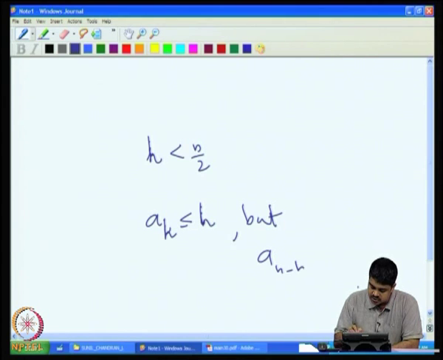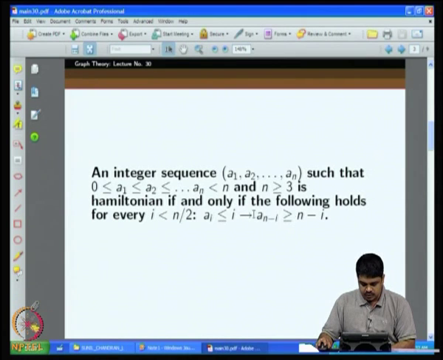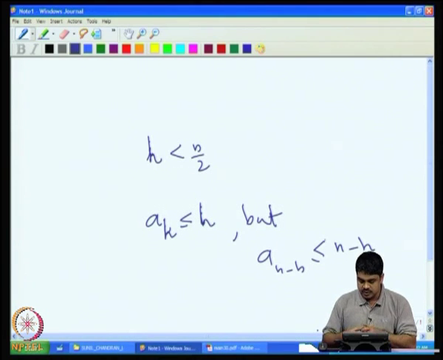An minus h is not greater than or equal to n minus h. Suppose it so happens that it is not greater than or equal to n minus h, it is strictly less than n minus h, right.